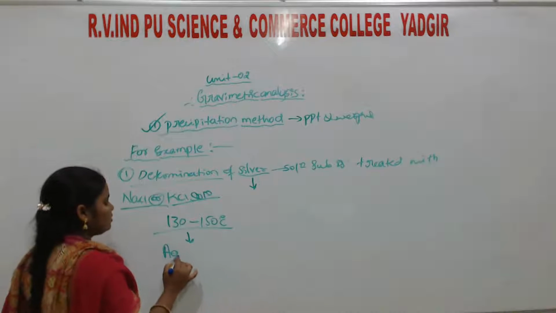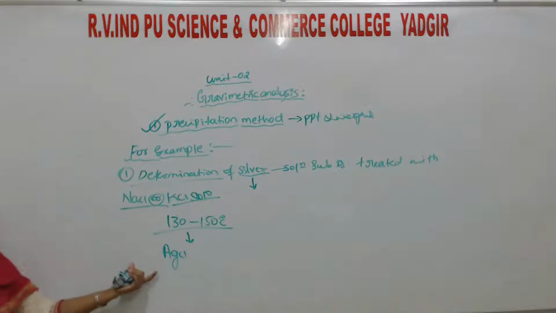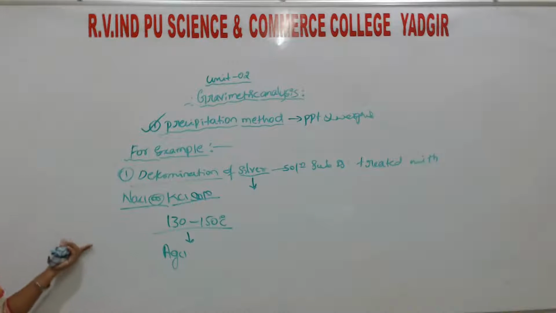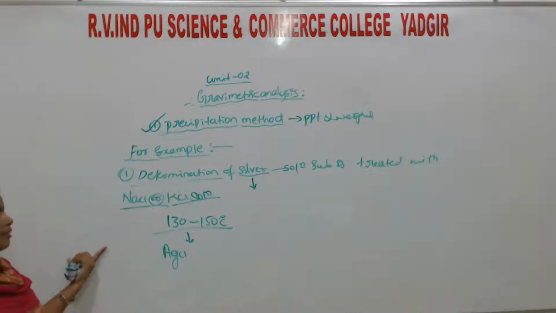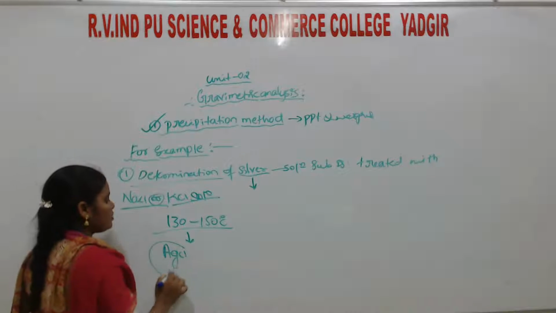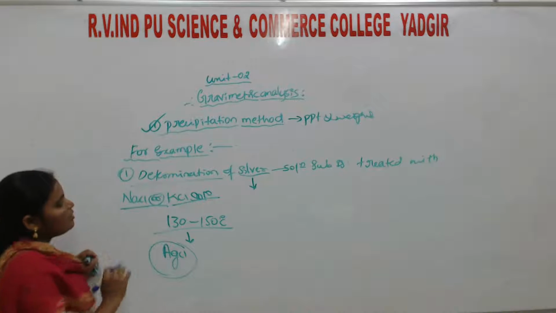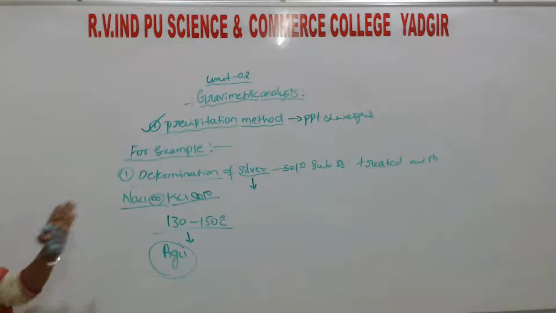This silver chloride is an example of a precipitate being converted to a product. This is the first example, where only silver is taken as an example.